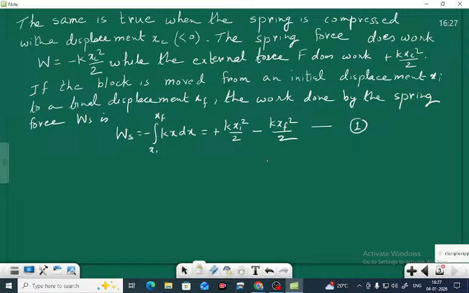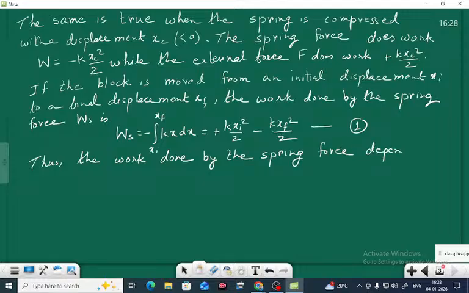So we get that the work done by the spring force depends only on the end points.